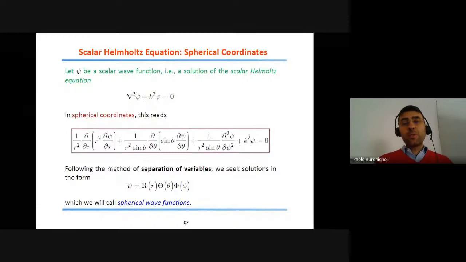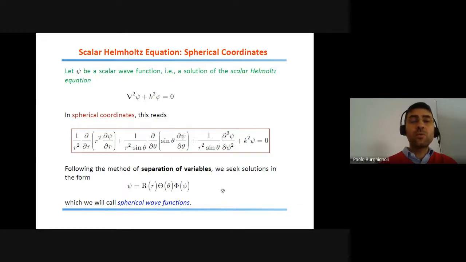By separation of variables, we mean to seek solutions in the form of a product of three distinct functions, each of which depends on a single spherical coordinate. So we have capital R, which depends on r, capital Theta, which depends on the angle theta, and capital Phi, which depends on the angle phi.